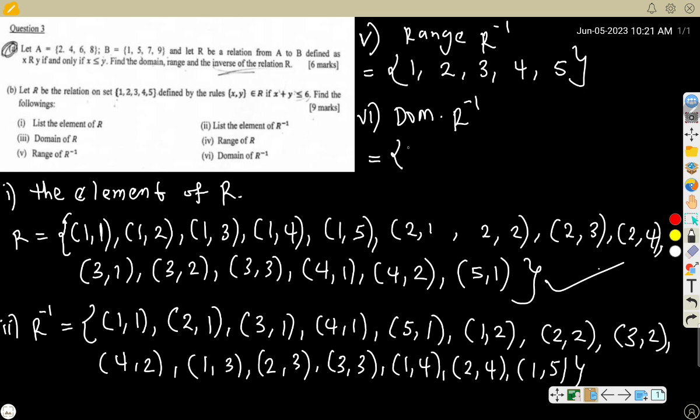Don't repeat numbers. So 1, 2, 3, 4, 5. So we are through with everything.